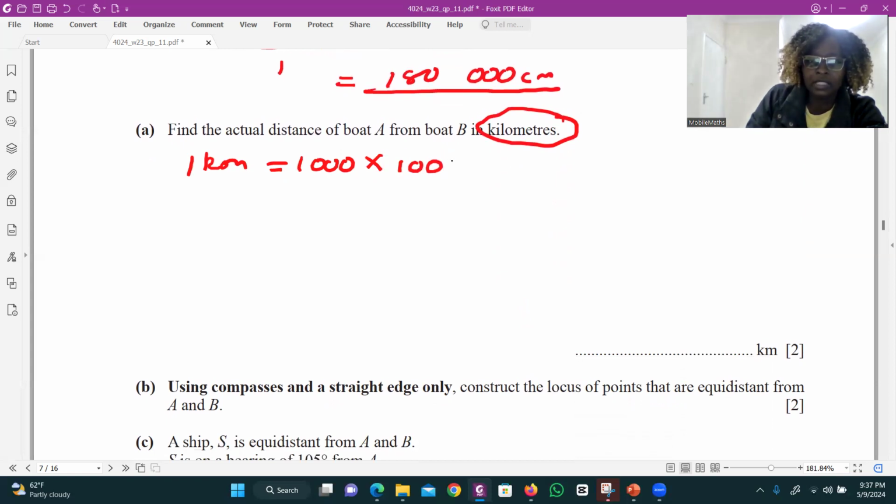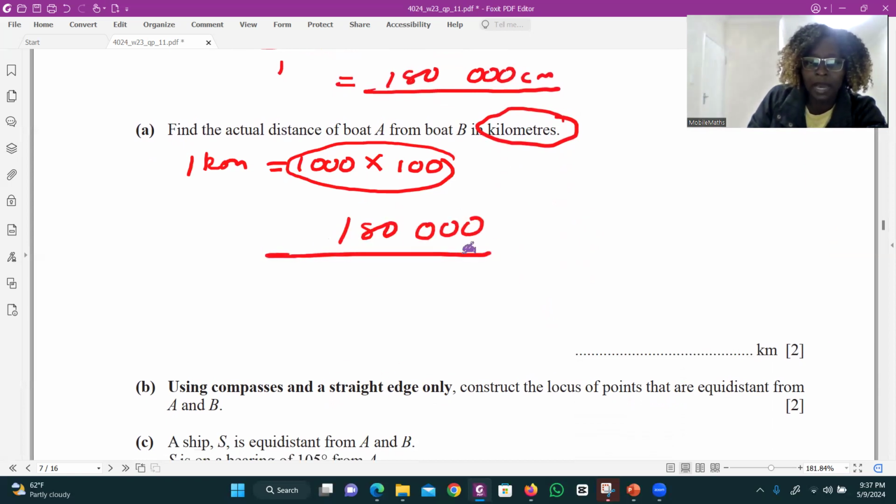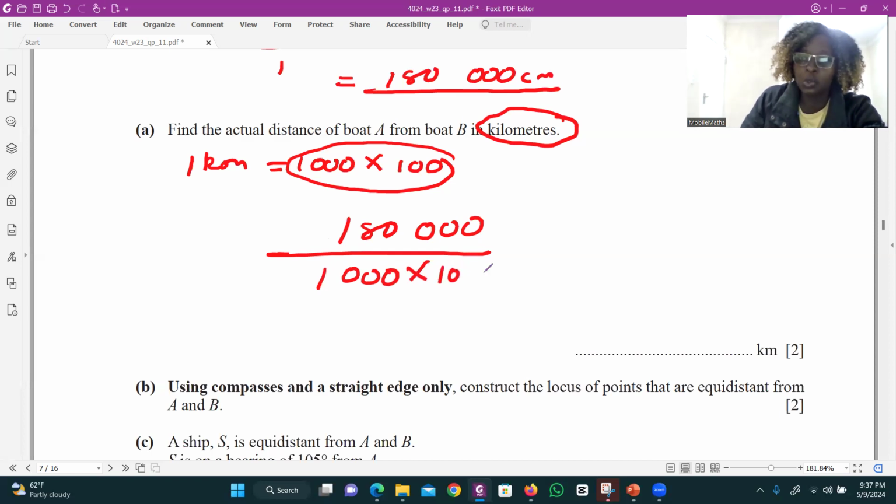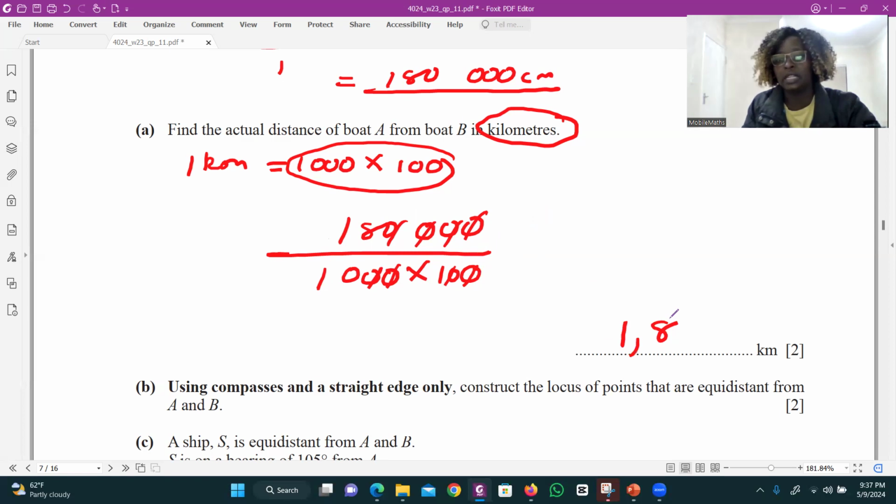So we are going to divide 180,000 by 100 for centimeter to meter, then by 1,000 for meter to kilometer. So these zeros cancel off each other like this. So I have 18 divided by 10, I get 1.8 kilometers.